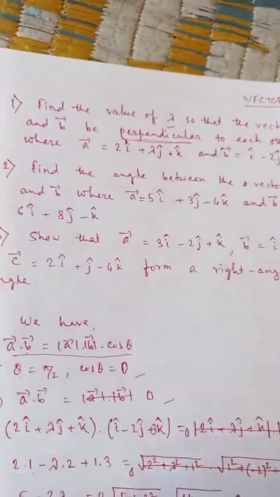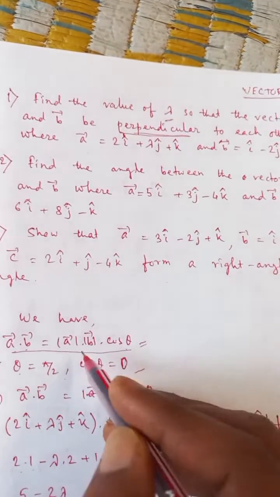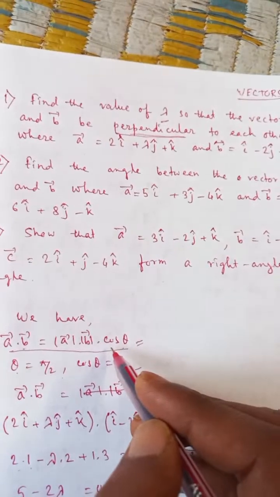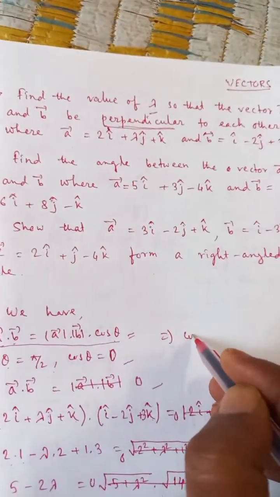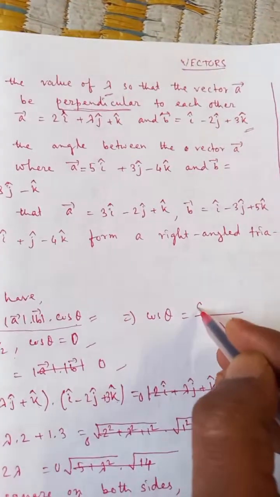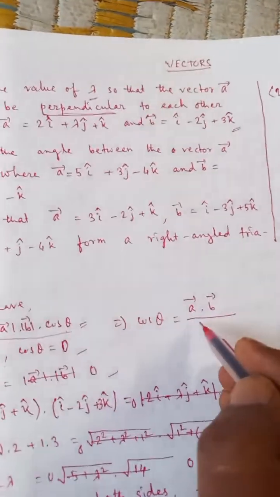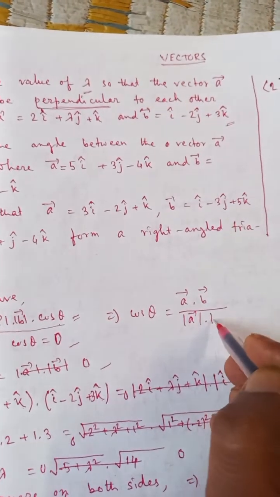We will use the same formula: A vector dot B vector equals mod of A vector multiplied by mod of B vector multiplied by cos theta. From this, cos theta will be A vector dot B vector over mod of A vector mod of B vector.